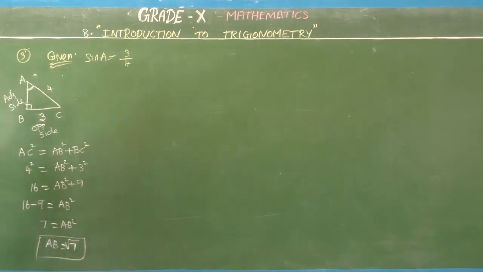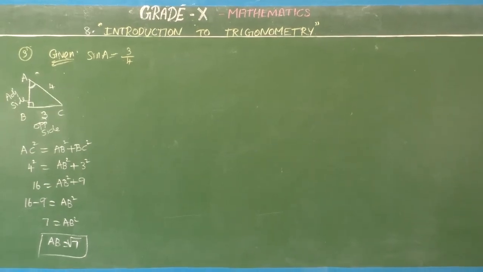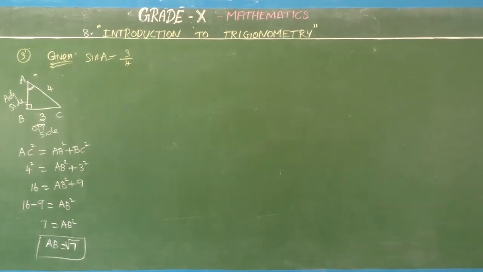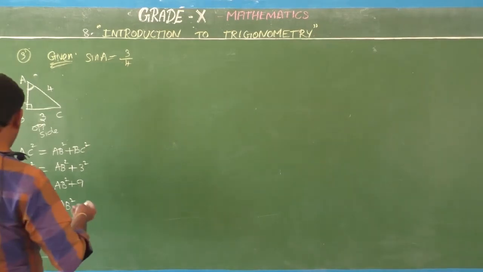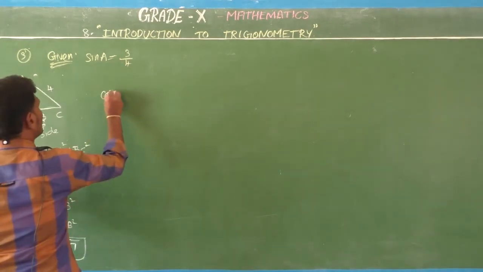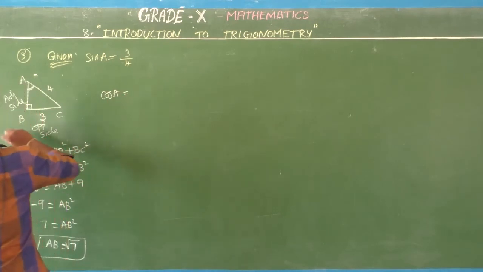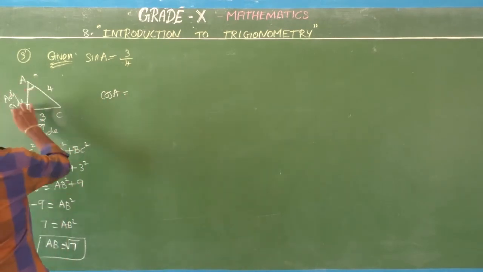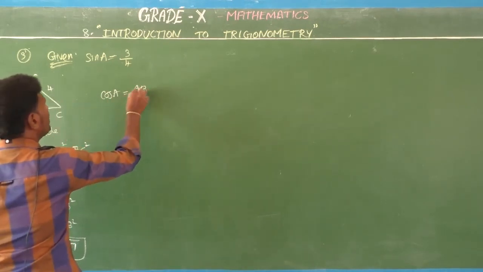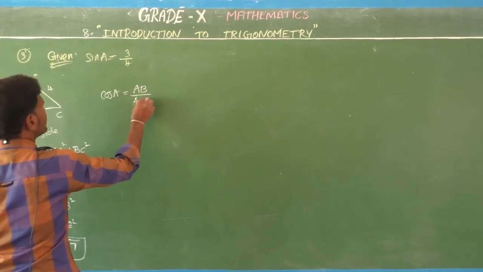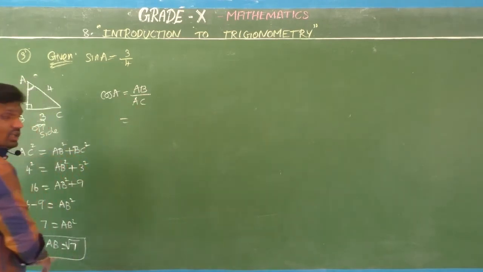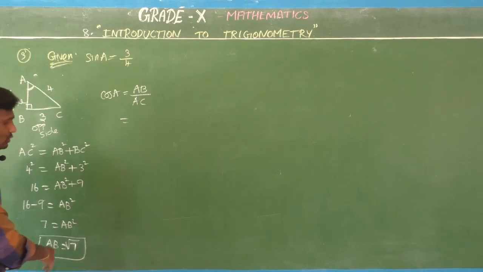Next we find cos A and tan A. Cos A is equal to the adjacent side, AB, divided by AC. AB we found, what is that? Root 7.